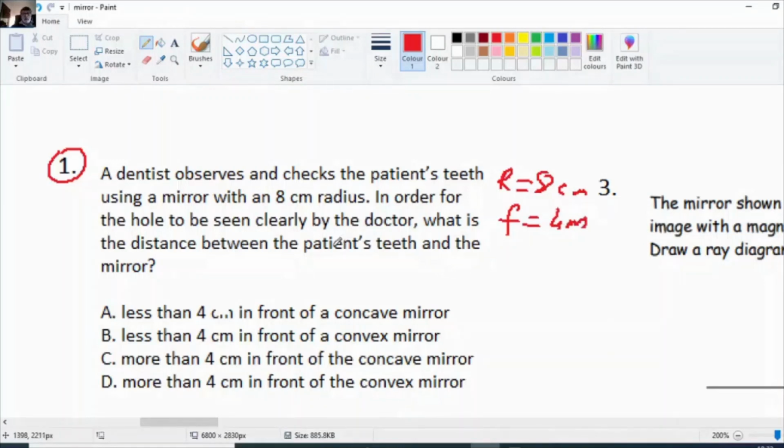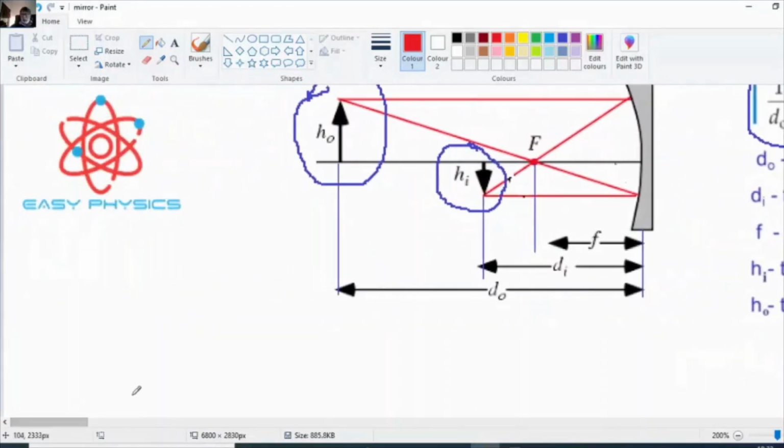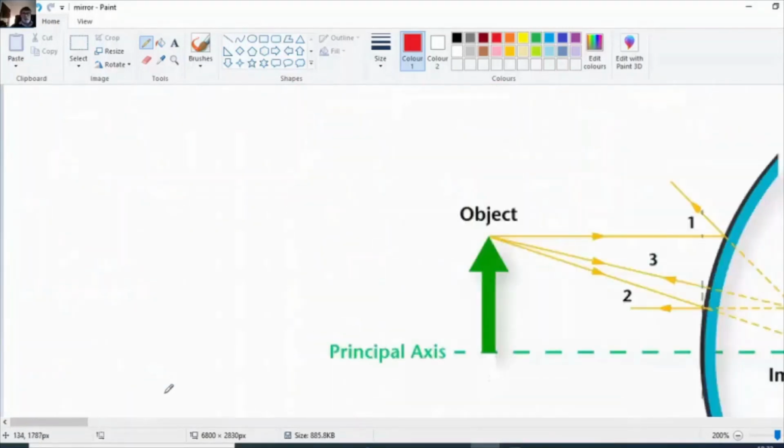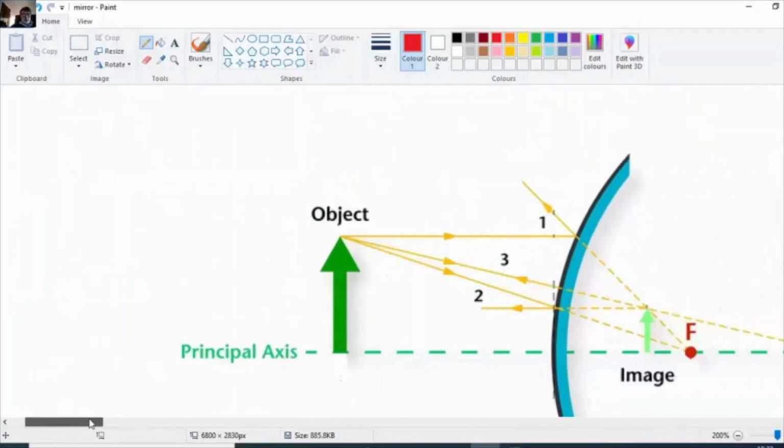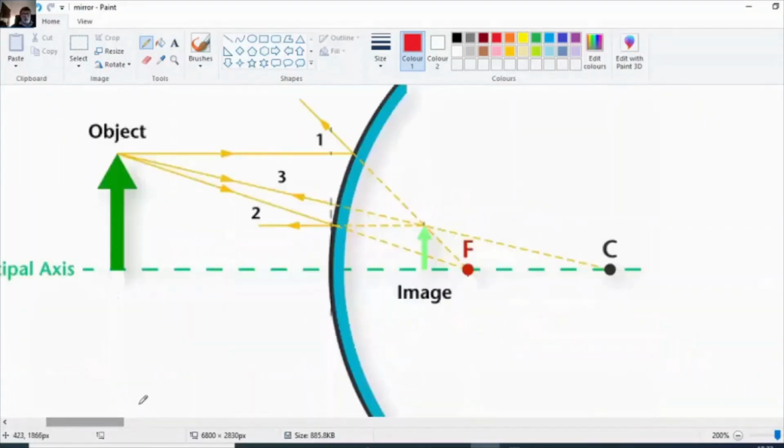Is the doctor using a concave mirror or a convex mirror? Let's go back to our previous lesson. Remember the image formed by a convex mirror.